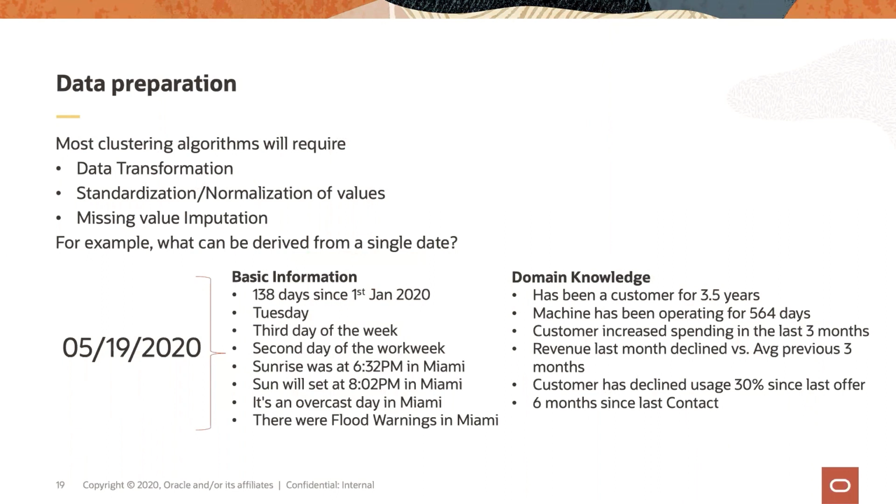So just one simple, single number in that record of that customer or of that transaction might mean a lot of different things to your domain knowledge side. So it's very important for you, if you can, to look at those things and say whether it makes sense to actually transform that, right, and then use that as input.